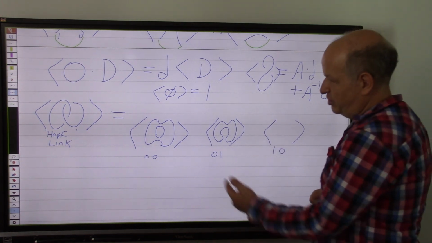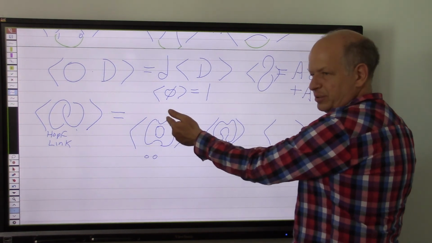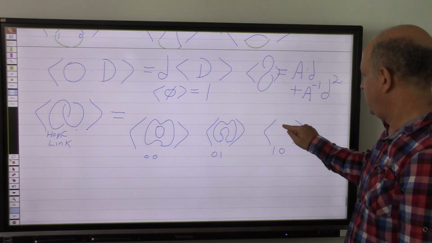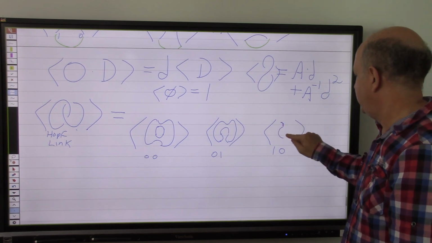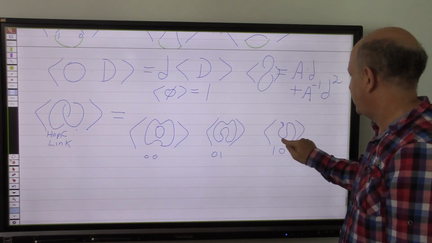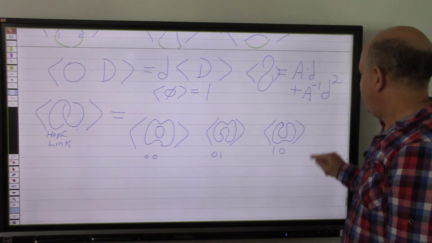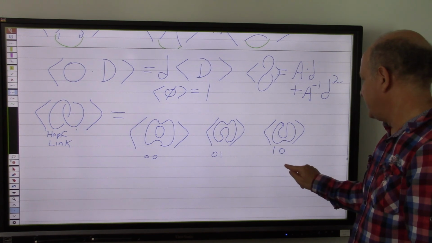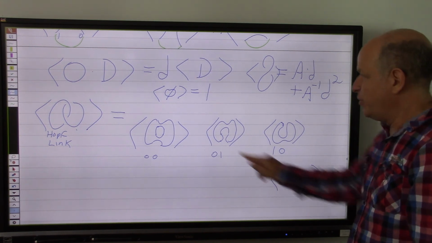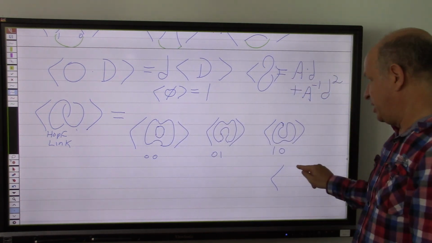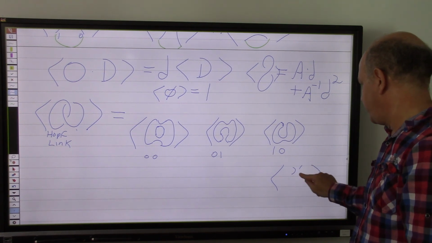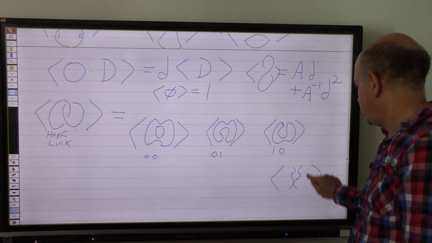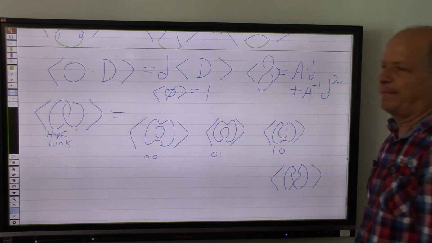In the 1, 0 smoothing, I do the same at the top. So I get a picture like this. And finally, I have the 1, 1 smoothing. So for the 1 smoothing, I replace both, and both of them look like this, and the picture is this.